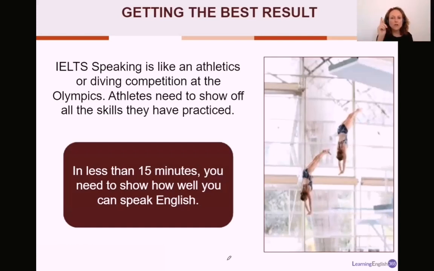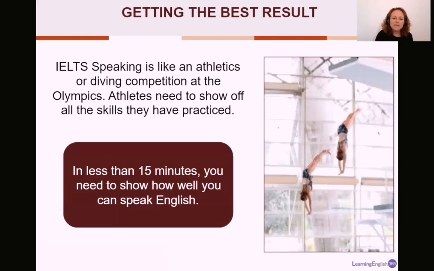So make sure you write down the key words that you want to say. Don't try and write whole sentences. That won't help you when you have to speak for 2 minutes. You don't have time in a minute to write a perfectly crafted sentence. So just write those key words. And you can practice doing that yourself before you go into the exam.